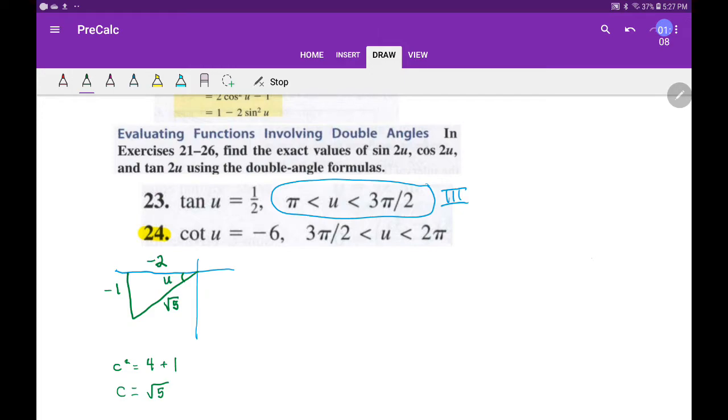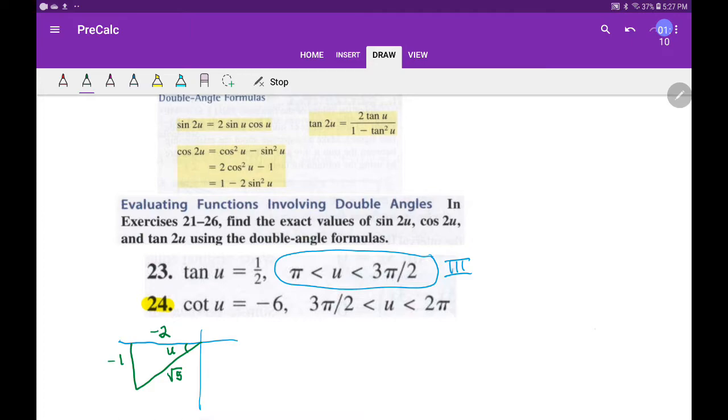So now we're going to go up here and say, first of all, we want the sine of 2u. So the sine of 2u is equal to 2 sine u times cosine u. Alright, so that equals 2. What's the sine of u?